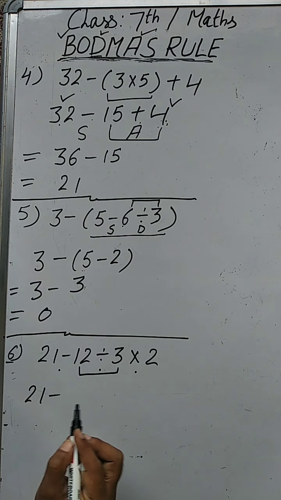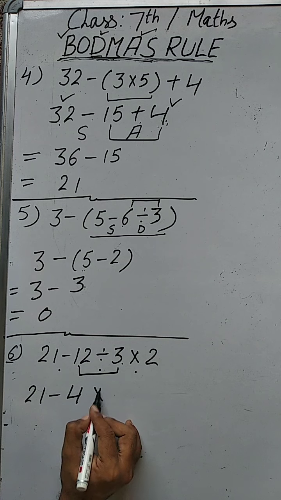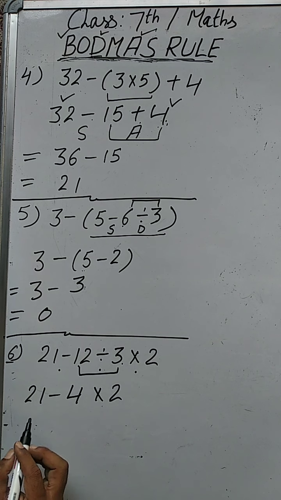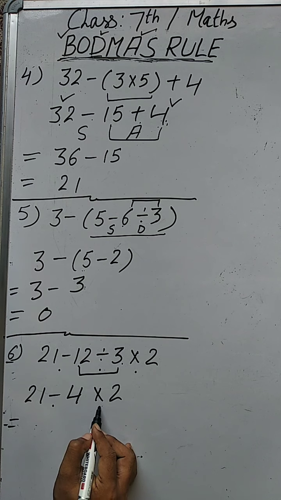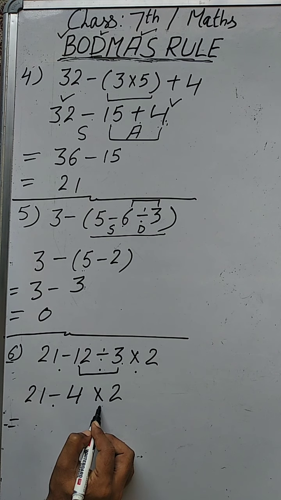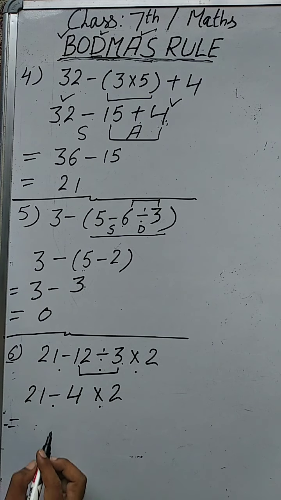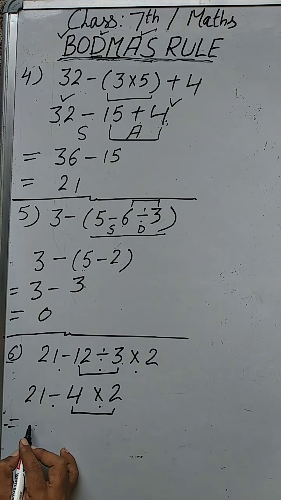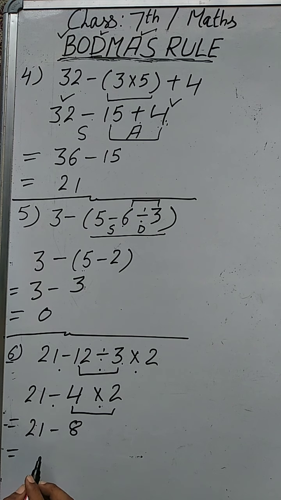Write the other statement as it is. 12 divided by 3 is equal to 4, multiply 2. Now beta again two operators are here, minus and multiply. We will perform multiplication first. So 4 multiply 2 is 8. And 21 minus 8 is equal to 13. Clear beta? This is your answer.